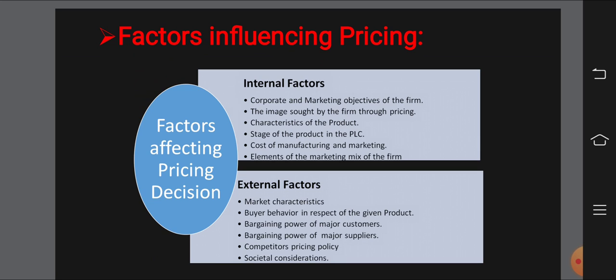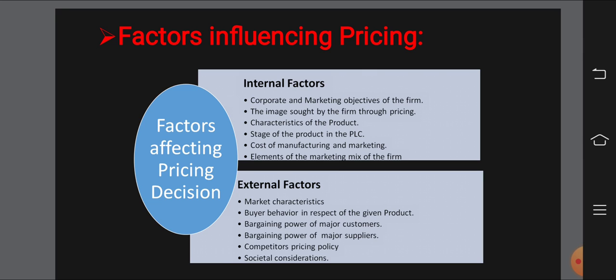Then depending on the objectives and image which they want to create in the market or in the customer's mind, depending on that also, it will affect the pricing. Then the characteristics of that particular product, and the stage at which that particular product is present in its product life cycle.